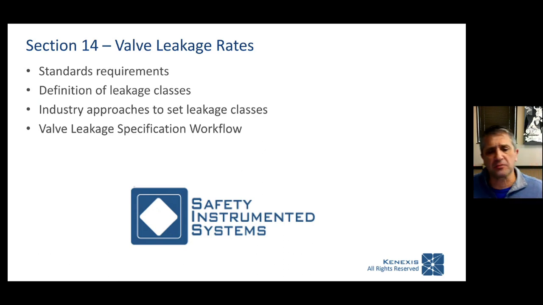So we'll talk about some approaches to set the leakage class. And where I'll start out in my discussion is that most of the time, you do not need tight shut off in order for the safety function to achieve its objective. It's exceedingly rare that you need tight shut off for a safety function to perform its safety objective.